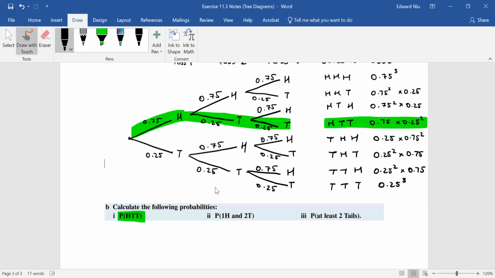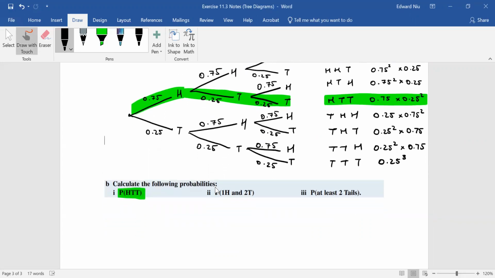Right. So this is 0.75 times 0.25 squared. Let's see what we get. 0.75 times 0.25 squared. 0.046875.